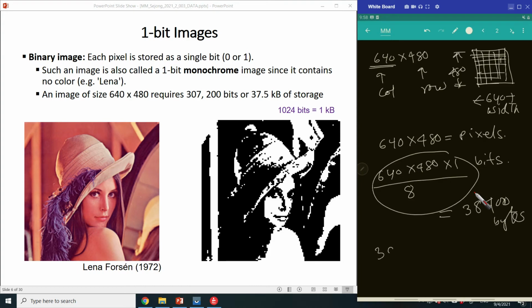Now definitely, 38,400. If you divide this by 1024, it will be around 37.5, and definitely it will be kilobyte, because if you divide bytes by 1024, it will be kilobytes. Similarly, if you divide bits by 1024, it will be kilobits.